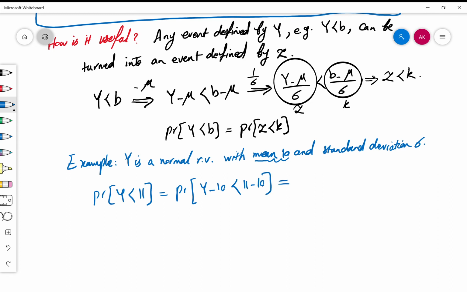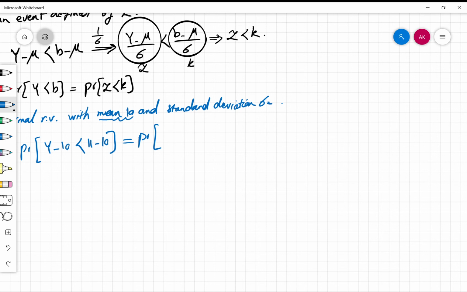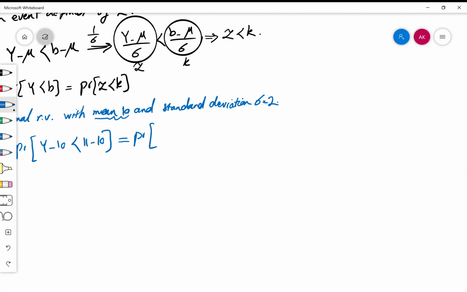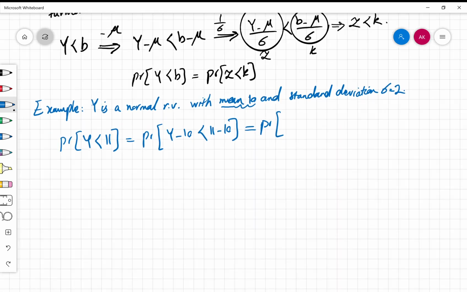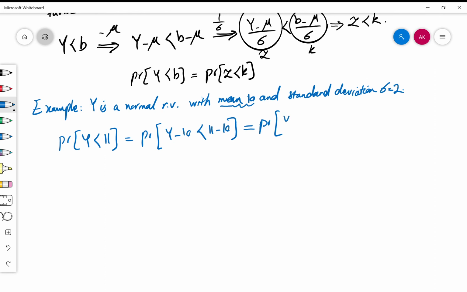Then divide both sides by sigma. Sigma here, let me put 2 here, sorry. So we have (Y minus 10) divided by 2 is less than (11 minus 10) divided by 2.